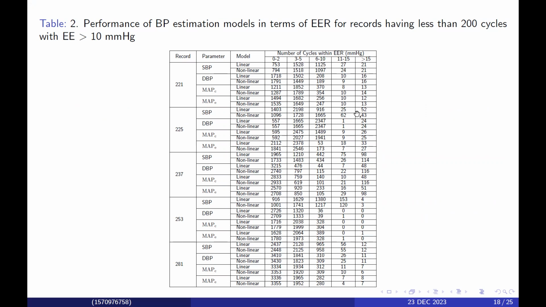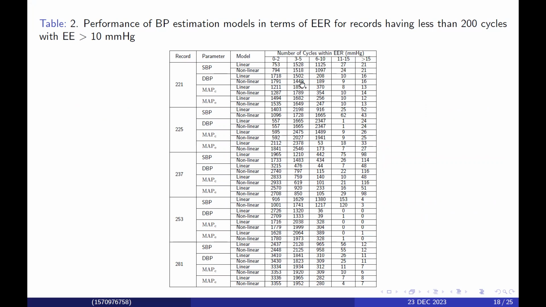So for these 5 records, we are tabulating the estimation error range table. Here we can see the error ranges 0 to 2, 3 to 5, 6 to 10, 11 to 15, and greater than 15. We are finding the number of cycles within each of these ranges.